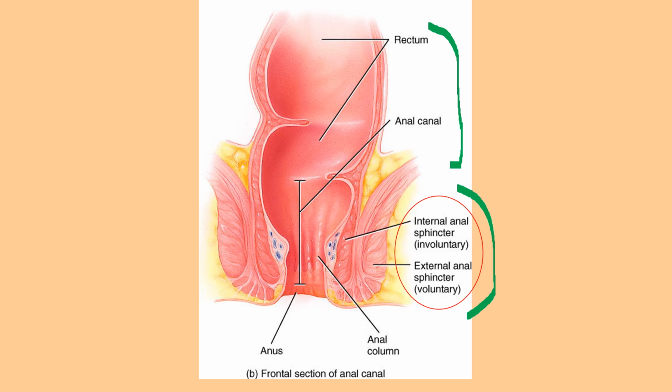And under that circumstance, if we experience the defecation reflex but we don't go to the bathroom because maybe we don't find a bathroom, the contents of the rectum will be pushed back up into the descending colon. But if we do find a restroom, then the external anal sphincter will open and evacuation will occur.